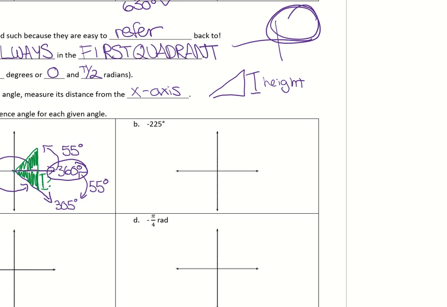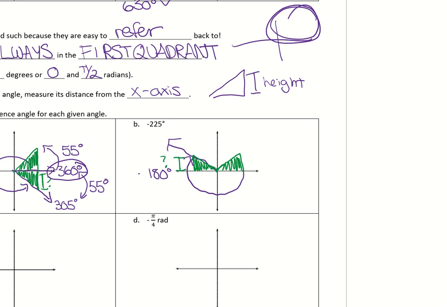Let's try another one, negative 225. If we were to graph that, that would live somewhere in here. So here's negative 225. So if we were to draw a triangle out of that and reflect it into the first quadrant, we want to ask ourselves, how tall is that angle? Well, here, to measure the height, we want to know how far it is from 180.